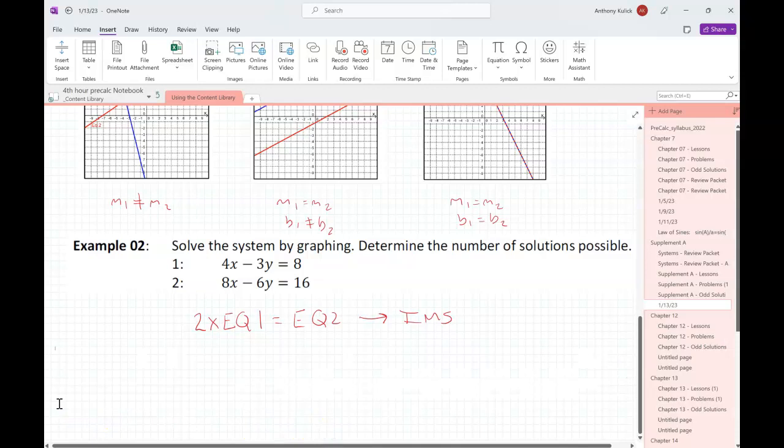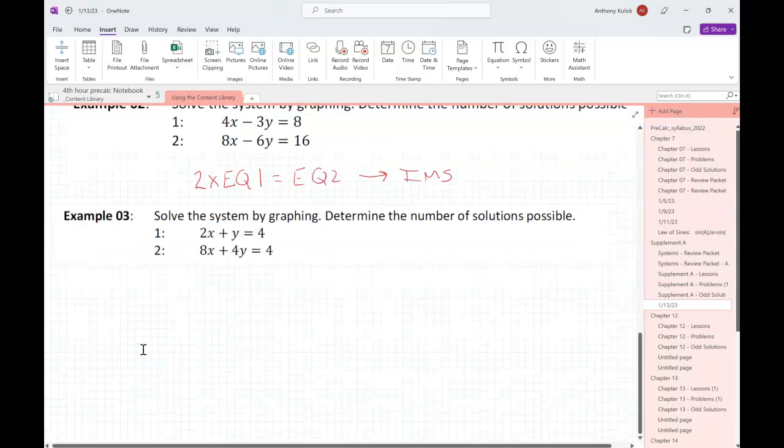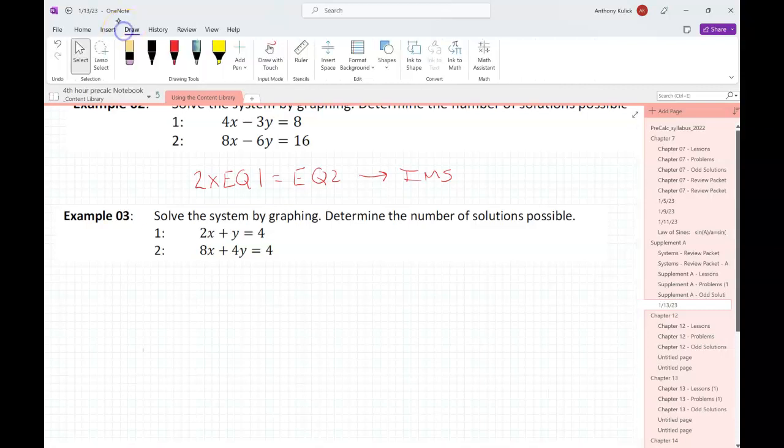Say, let's take this example. What do you notice here? The x's and the y's are a factor of one another, but not the constants, right?